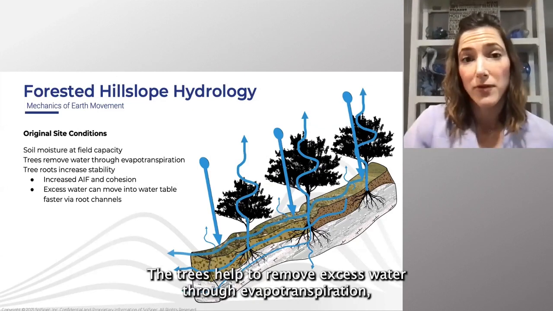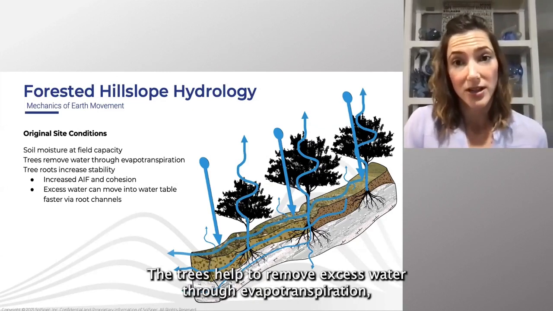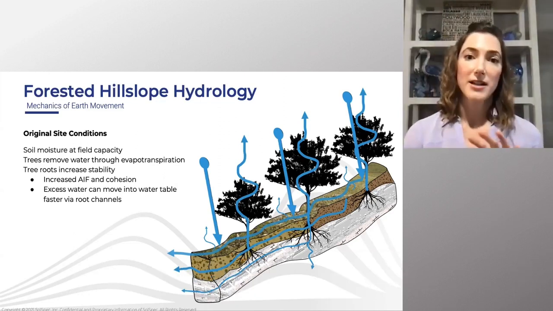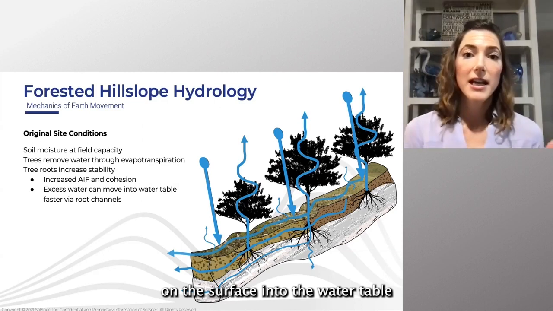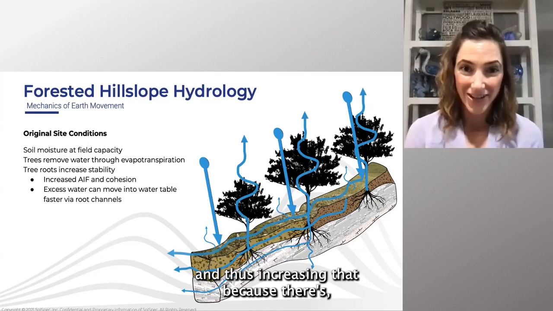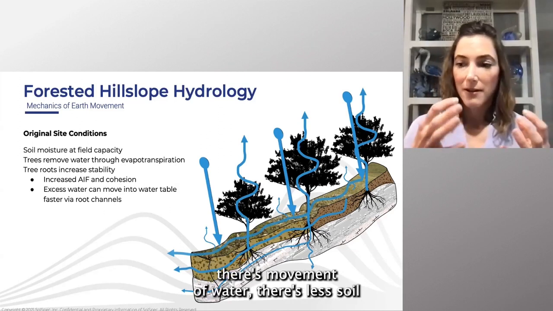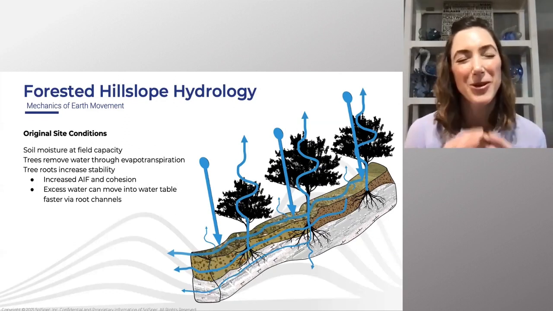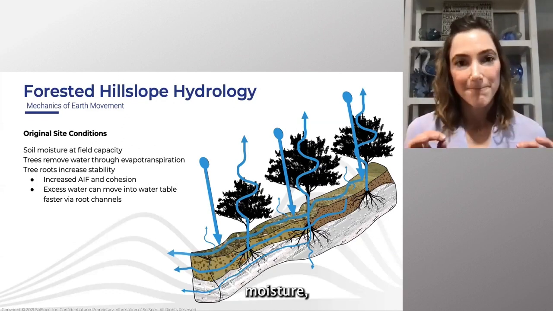The trees help to remove excess water through evapotranspiration, and the tree roots increase soil stability by moving the excess water on the surface into the water table, because there's less soil moisture.